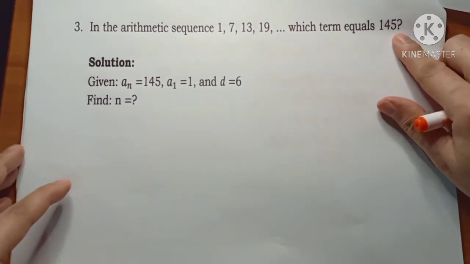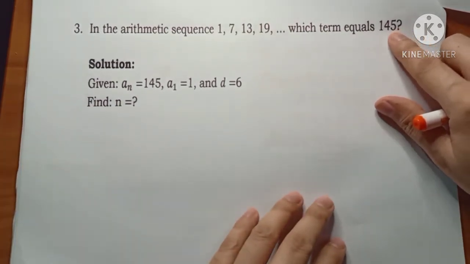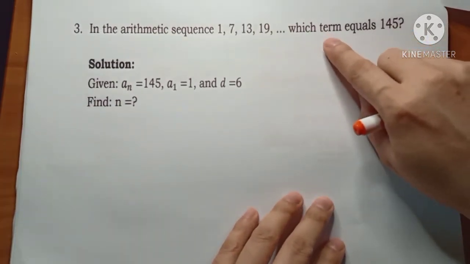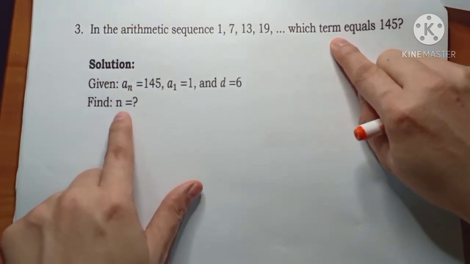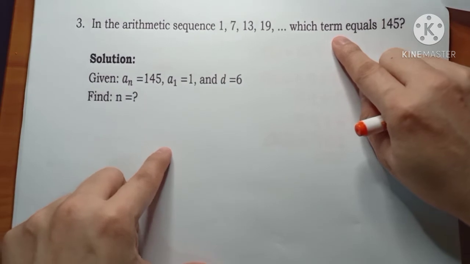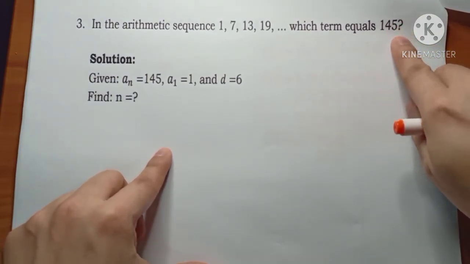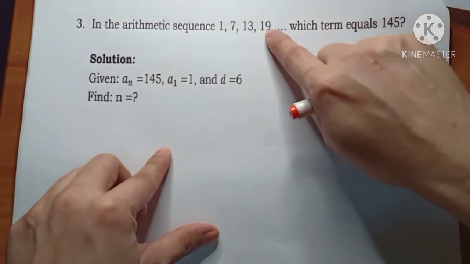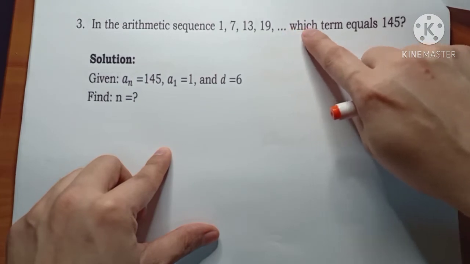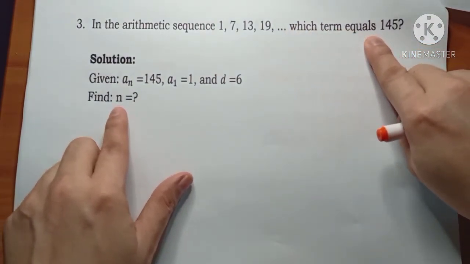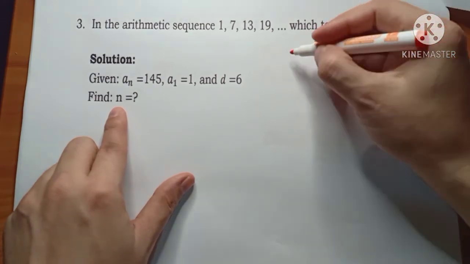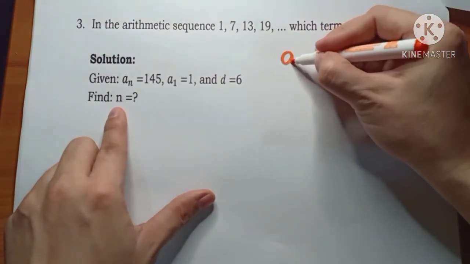So, kung mapansin natin dito, ang hinahanap naman natin sa example natin ay pang ilang term. So, therefore, ang hinahanap natin ay n. Kasi hinahanap natin kung pang ilan daw ang 145. So, kung isulat natin dito, sunod-sunod natin yung sequence na yan, pang ilan daw yung 145. So again, ang formula natin is a sub n.